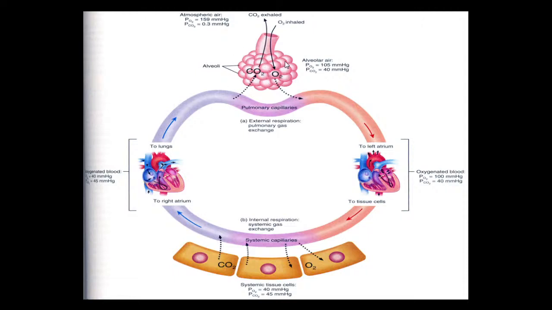And I remind you that this process is possible due to pressure gradient between partial pressure for each gas in air and partial tension for each gas in blood as liquid.